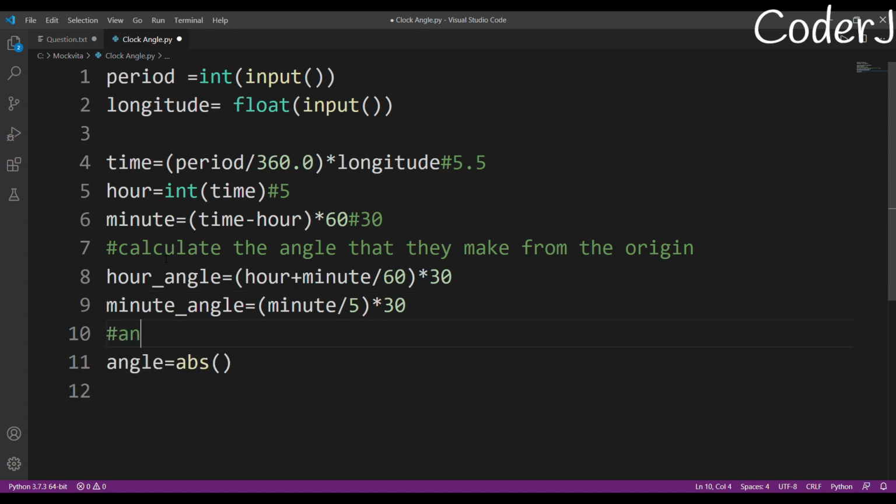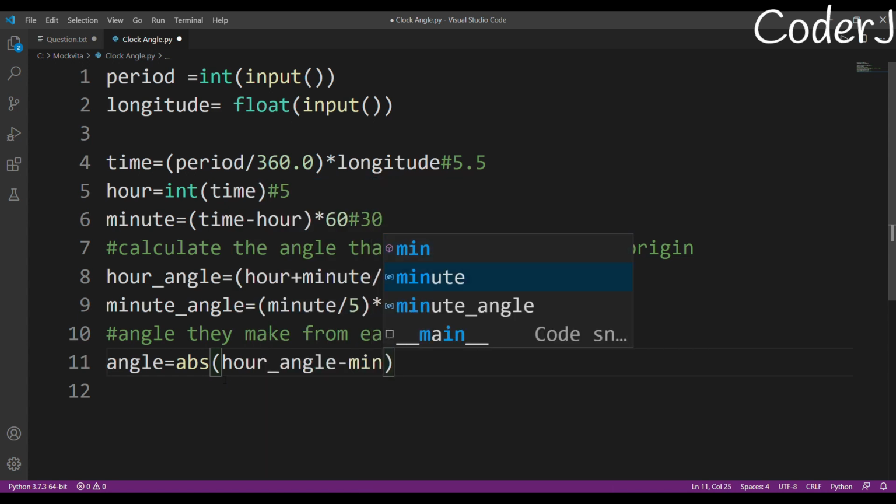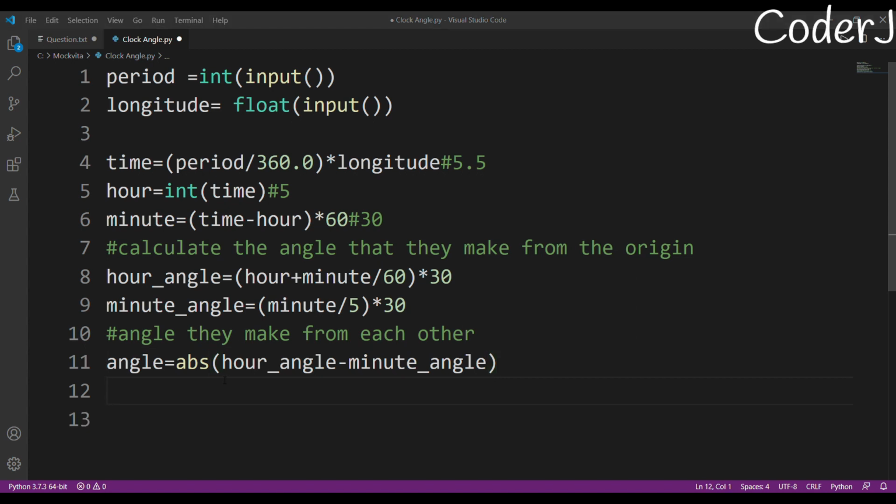So I'll just take an absolute value and subtract this hour angle and minute angle. Okay, I hope you're following. All right, now I have my angle. So my angle can be like this.